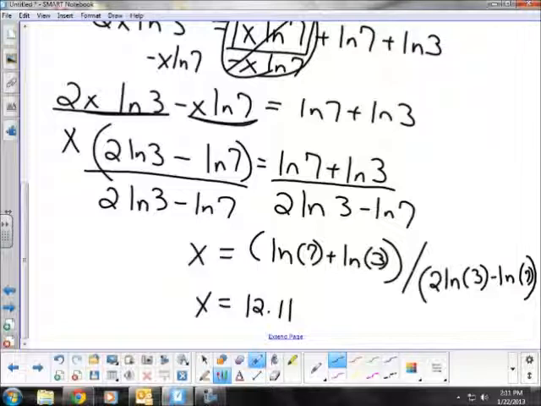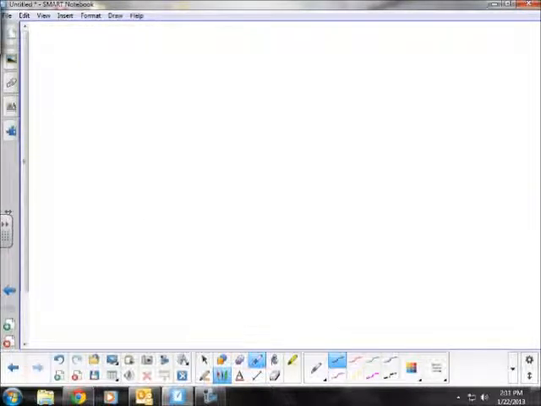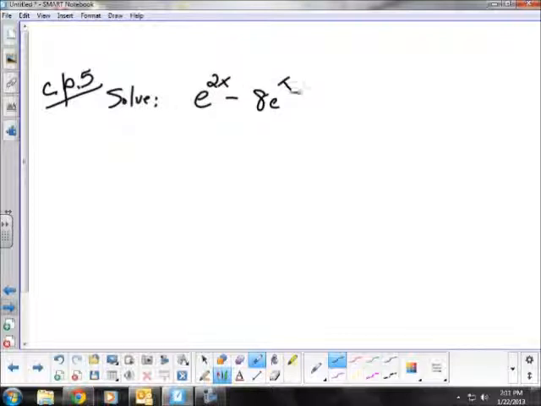Alright. There's one more type of equation where you might have these exponentials. There's another process that you're going to need to do. This is in checkpoint 5. I'm hoping at this point that when you look at this, you see you got how many terms? 3, right? 3 terms on the left-hand side.